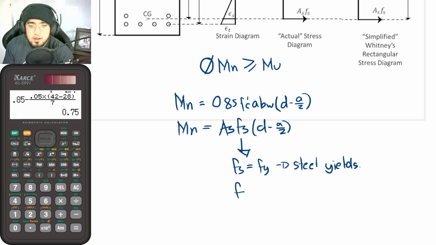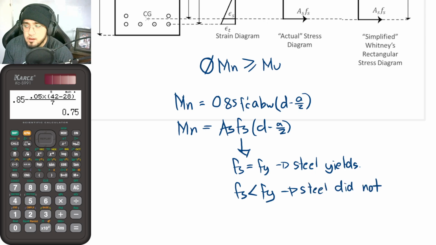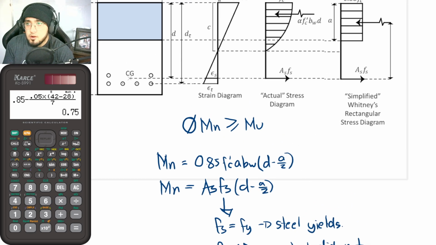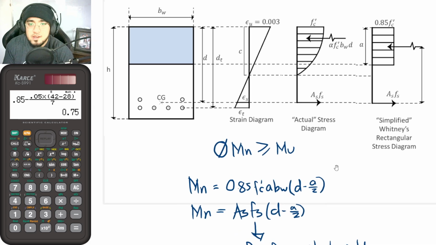but if Fs is less than Fy, meaning that steel did not yield. Okay, so the next thing that we should solve for here is the value of phi. Once again, for the value of Mn, we can solve for it using these equations.